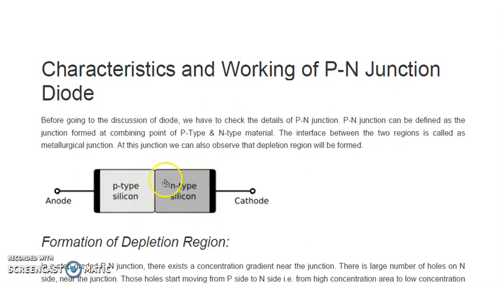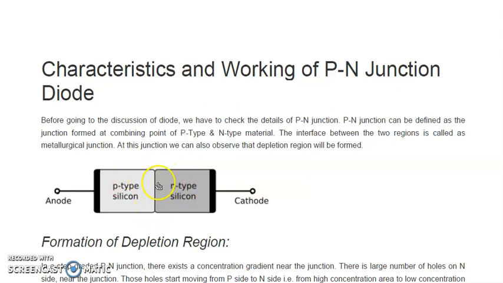Now when you get excess holes, they will form a slight positive charge here, isn't it? The holes coming from the P side deposit here and create a slight positive charge, and when the electrons from this side jump across, they combine and become neutral. But as such this is a neutral entity, so the excess electron leaving will create a slight positive charge.